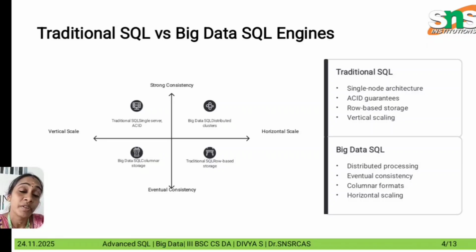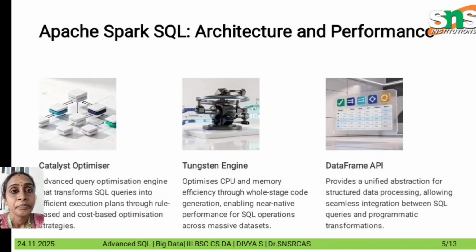Here we have implemented horizontal scaling. So traditional versus big data SQL are two different poles: single node architecture on one side, and distributed processing on the other. Row based storage versus the column format used in big data SQL makes the processing easier and more advanced.